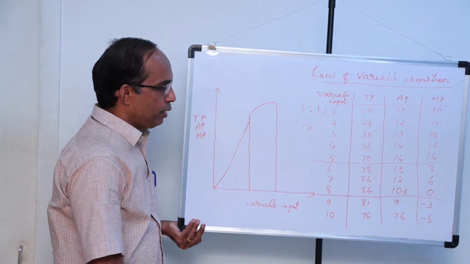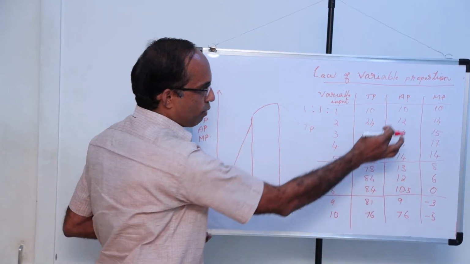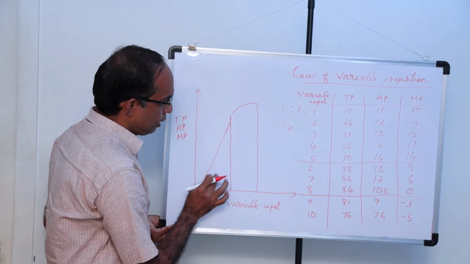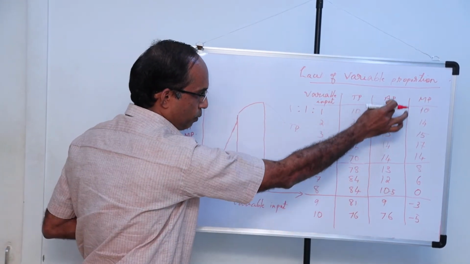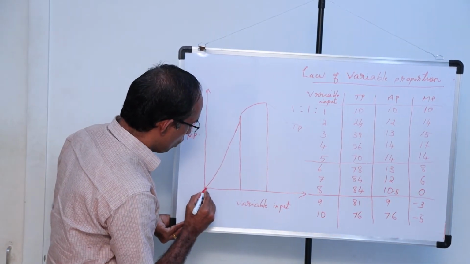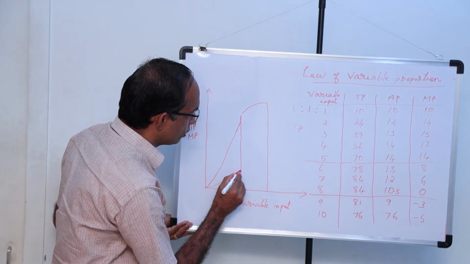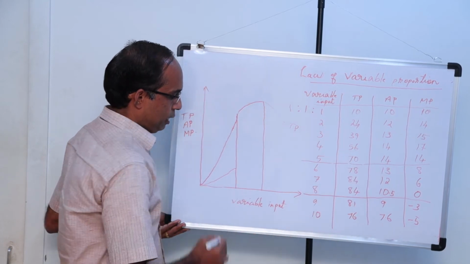Right. Then you have to draw average product. What happens to average product in the first stage? This is the first stage, second stage and the third stage. Average product here also increases and reaches maximum at the end of the first stage.